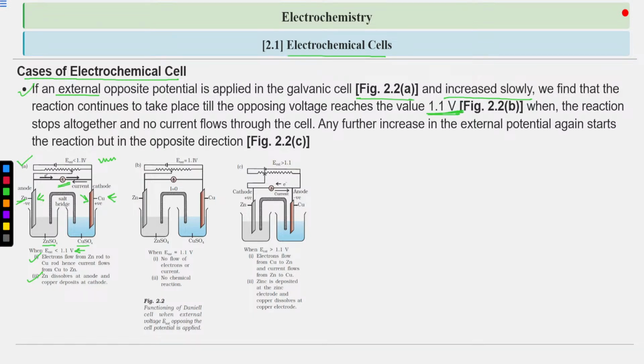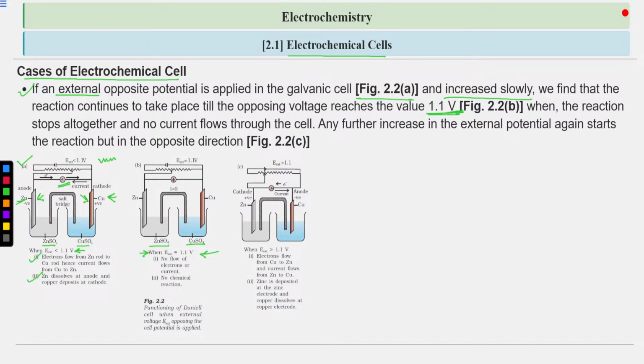Now, when the external potential reaches the value of 1.1 volt, that means when the external potential becomes equal to 1.1 volt, we have the same arrangement: two solutions connected by the salt bridge, zinc sulfate, copper sulfate, zinc anode, copper cathode, and the circuit connected to it, but the external potential is exactly 1.1 volt.